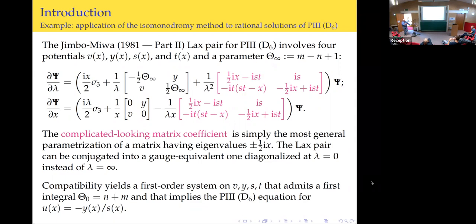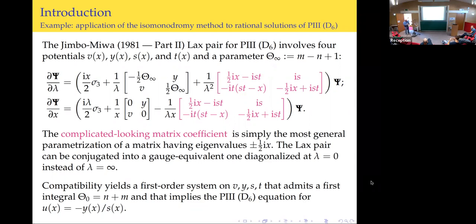I try to solve that and deduce the monodromy group of this differential equation. And then from that, I'm able to tell that the monodromy is unchanged under flowing with this equation, and the compatibility condition between these two tells me that when the potentials change, these coefficients are varying with respect to x. I'm getting a solution of the third Painlevé equation, this function u of x. That's how the procedure works.